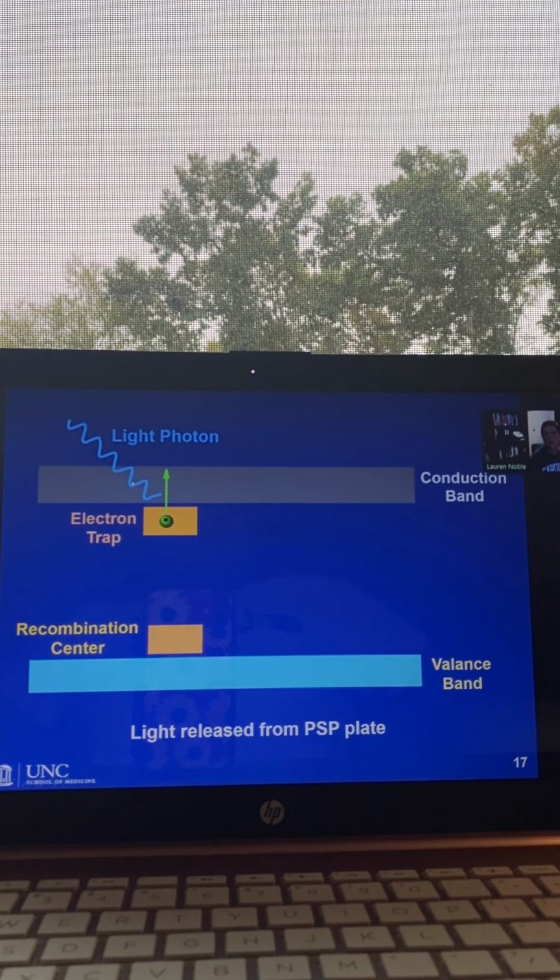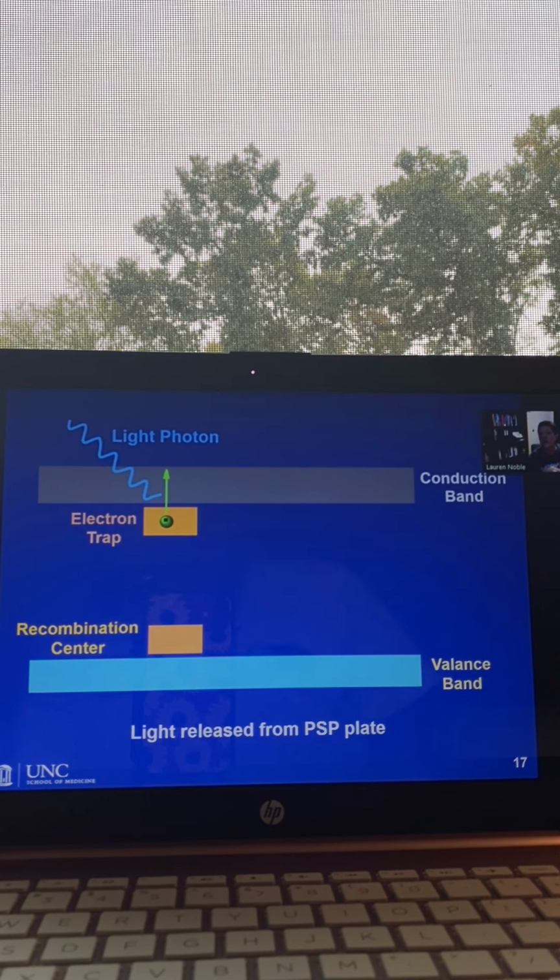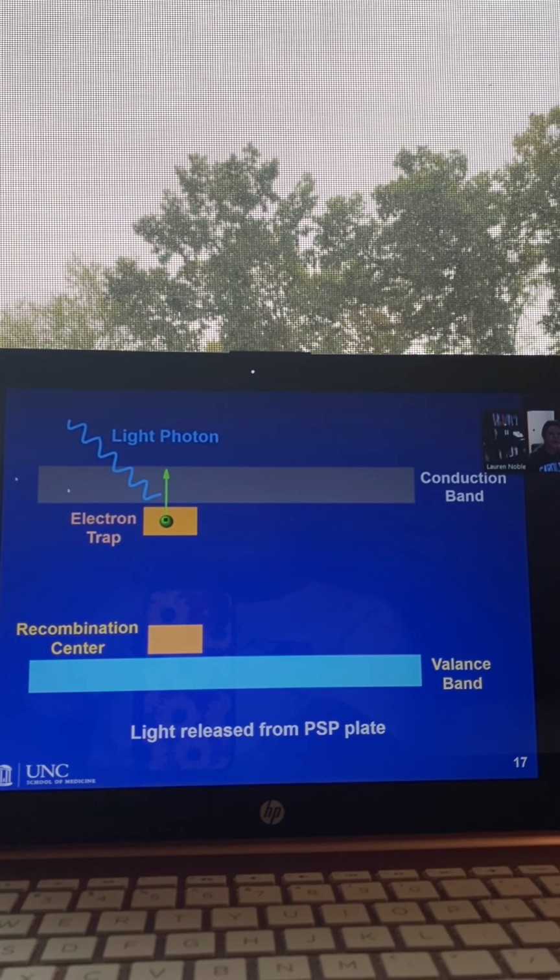So we would not want this to happen before we get the plate in the reader. That's why there's europium there, because when those X-rays come in and interact with the barium fluorohalide and release those electrons, we need the electrons to be trapped, because otherwise we would lose our image data. If we didn't have europium there, the X-rays would cause ionizations with the barium fluorohalide.